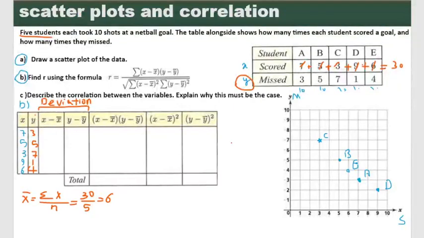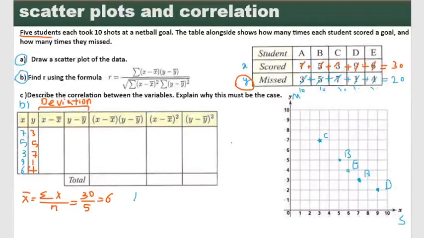I will go for y, the dependent variable, and find the sum of its values. I have 7 plus 3, 10; 5 plus 9; 5 plus 4, 9; plus 1 again 10. So the sum of y is 20.